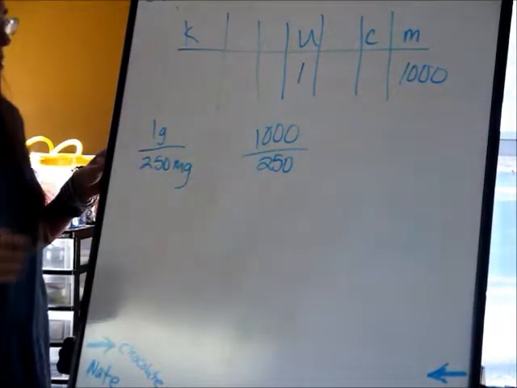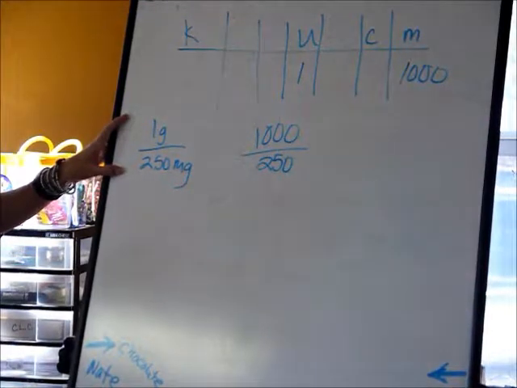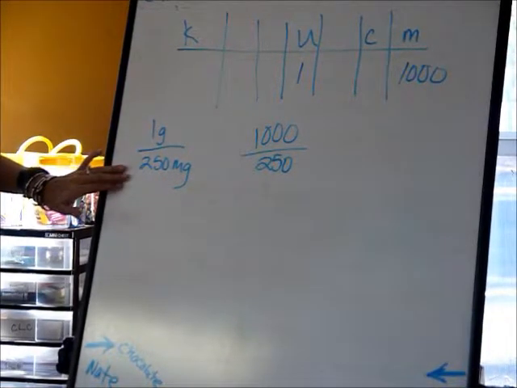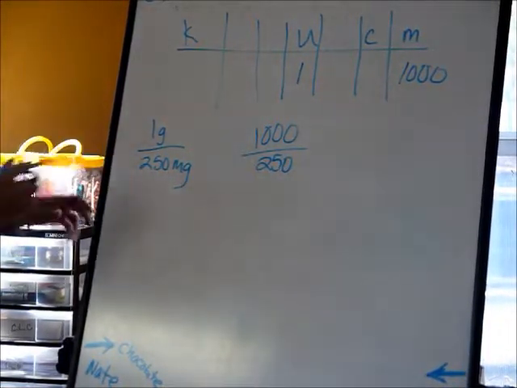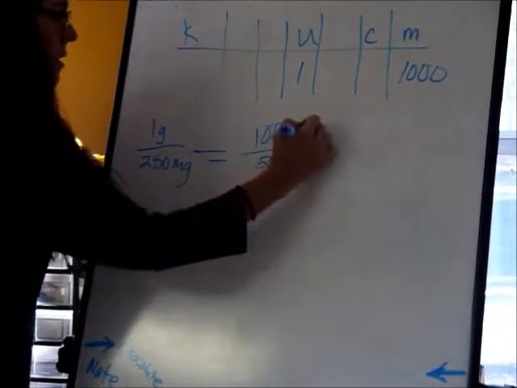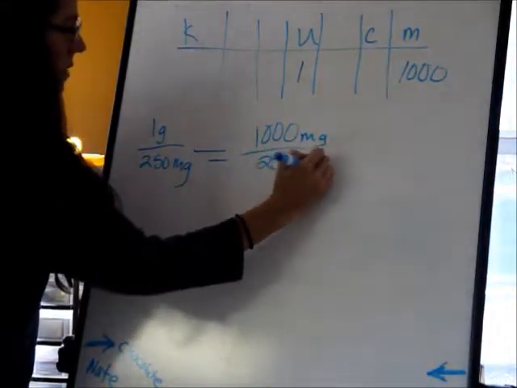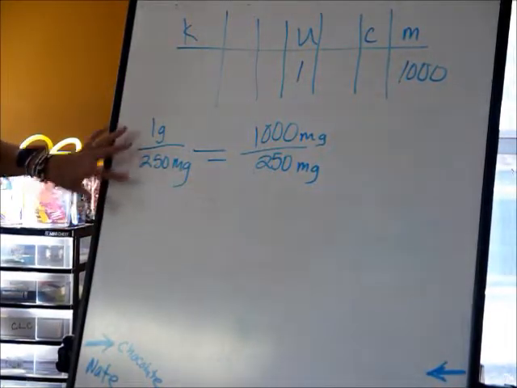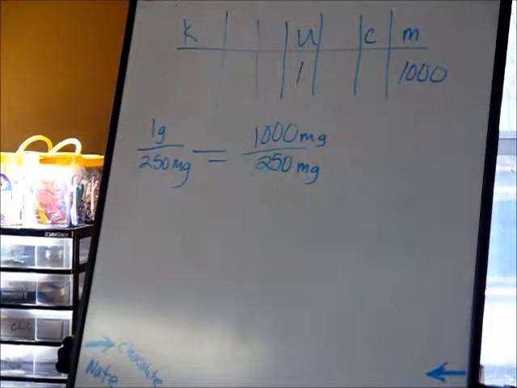Do you know why? They're not the same units. You can't just divide 2 different units. So we have to convert them into milligrams to divide by milligrams. Does that make sense? You can't do any cross division on that one.